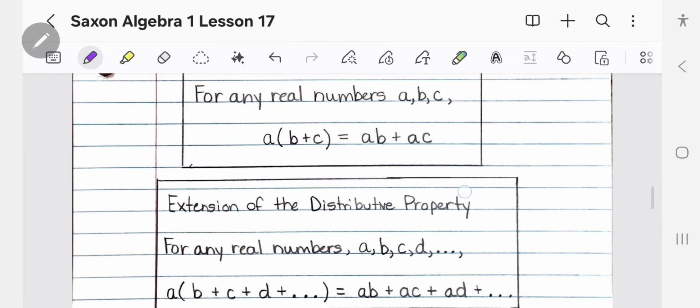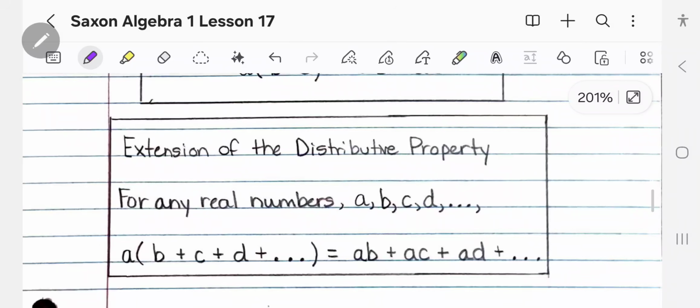Now, they take it a little further and they say there's an extension of the distributive property. For any real numbers A, B, C, D, and look, it keeps on going here. You can keep going forever, all through the alphabet and beyond. Then they give you this example, A times, in parentheses, B plus C plus D plus, here again the ellipses say it keeps on going. As long as you keep going, you just multiply that A by everything.